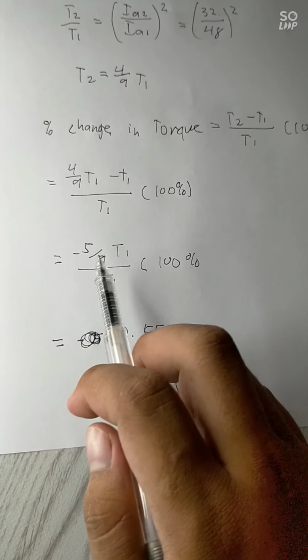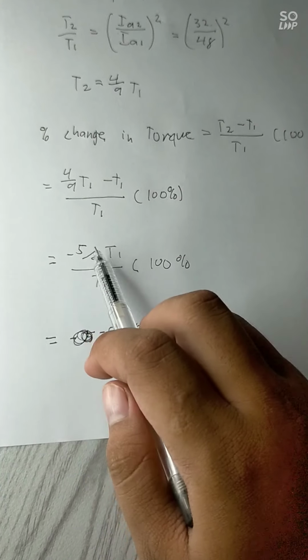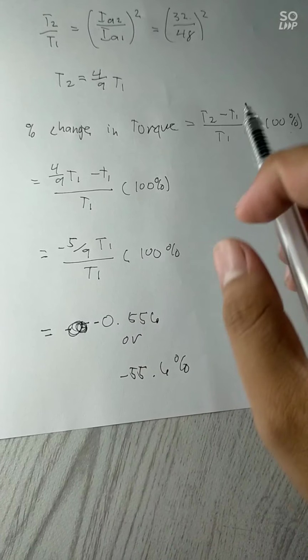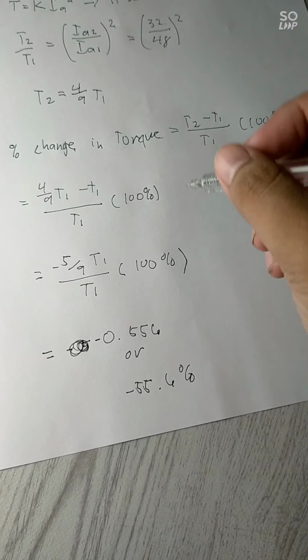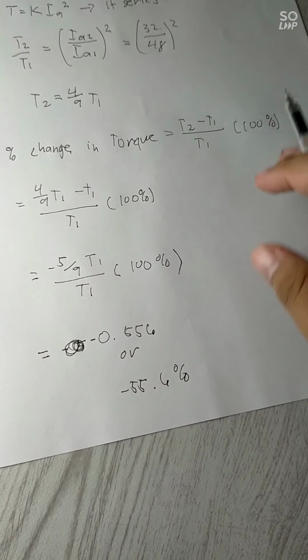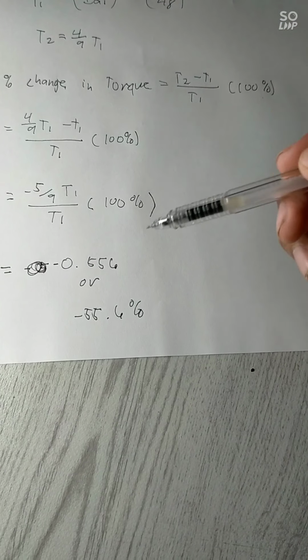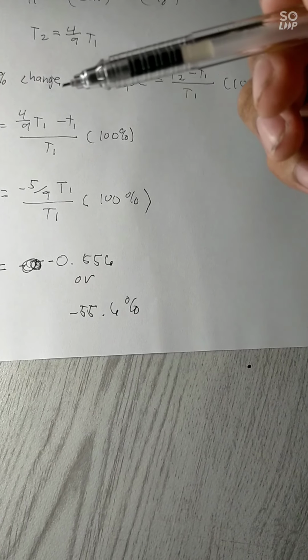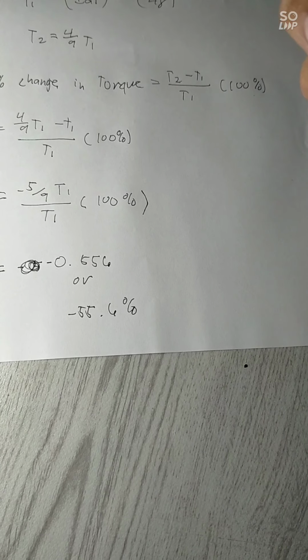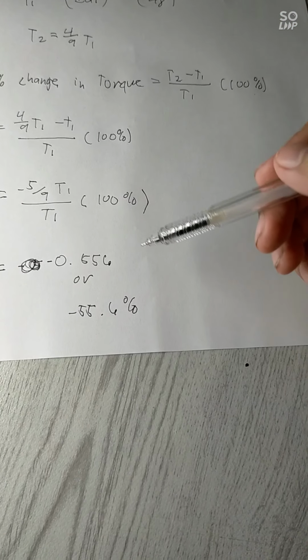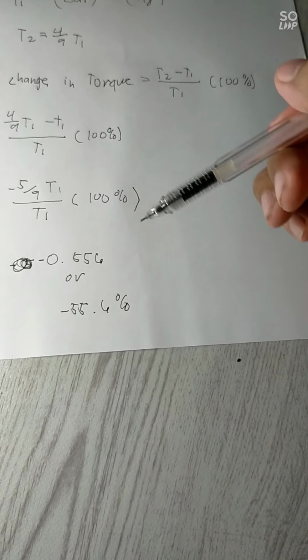So makuha na to ang negative 5 over 9 T1 over T1 times 100%. I-solve na siya. Makuha na to ang negative 0.556 or negative 55.6%.